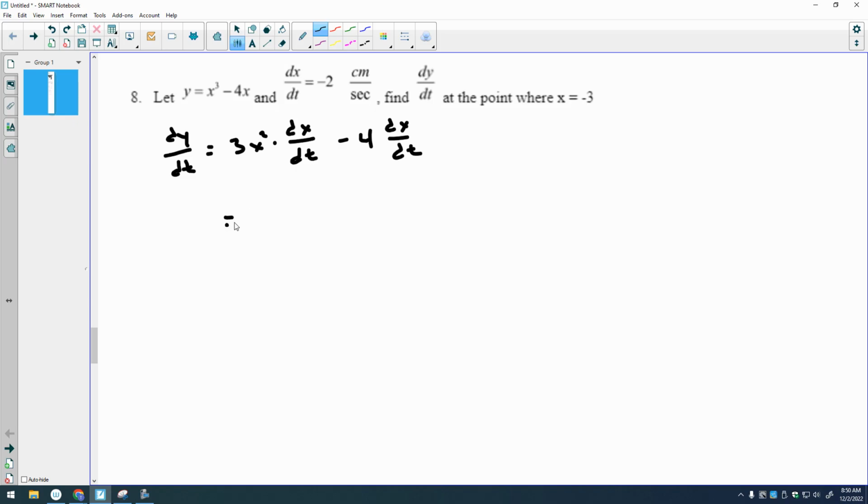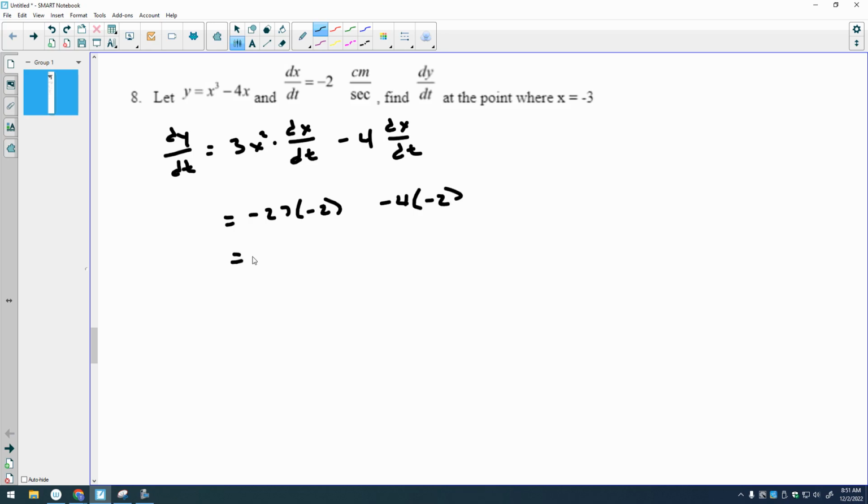Plug in the information. -3 squared is 9 times 3 is 27. Negative. Dx dt is a -2. That's not an equal sign. I have a -4 times a -2.